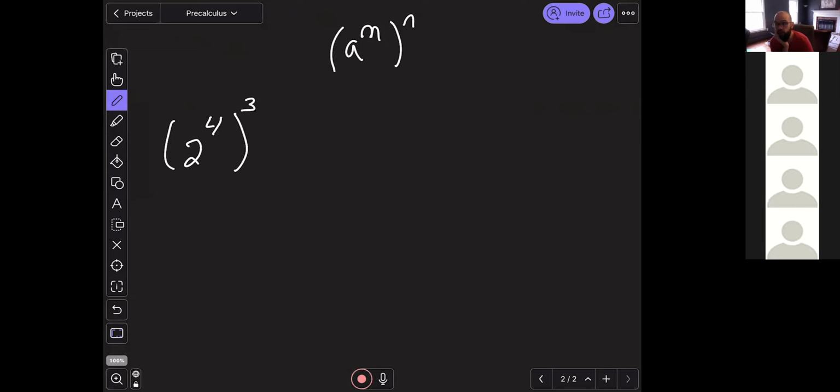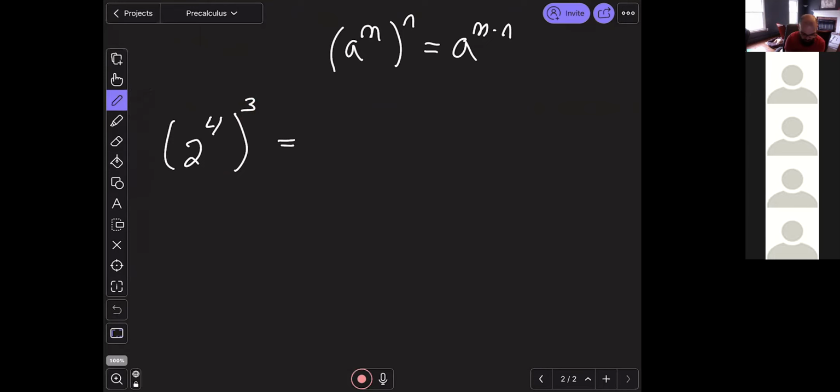All right, so our rule tells us that what we should do is really this should be a to the m times n, right? So we should multiply m and n together. And we're going to see why that is. Why would we do that? It all comes back to the idea that what this means is we have 3 copies of whatever's inside our parentheses here.